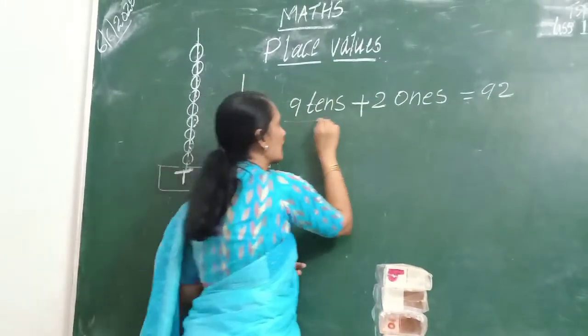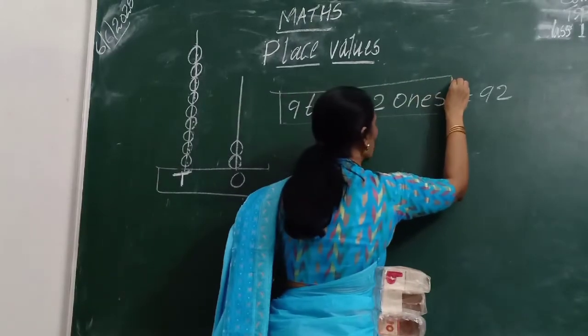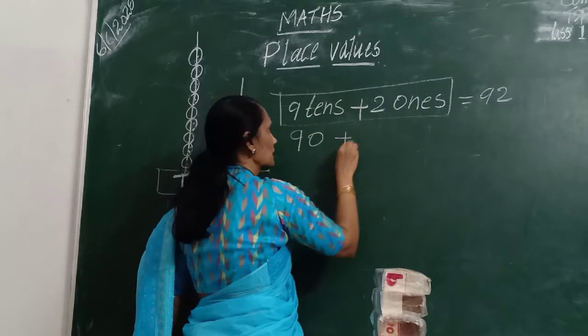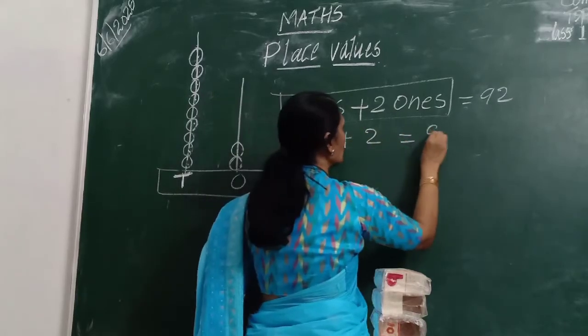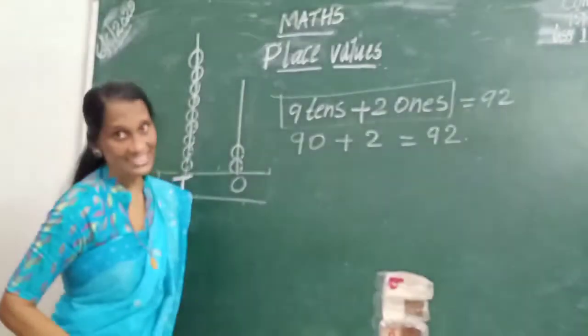Actually this is the expanded form. What form? Expanded form. We can write like this also: 90 plus 2 is equal to 92. Understand? Okay.